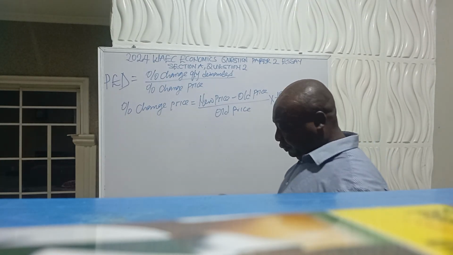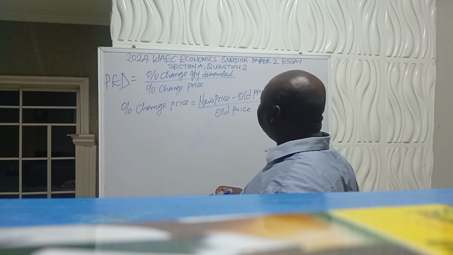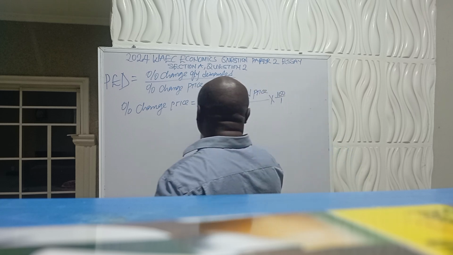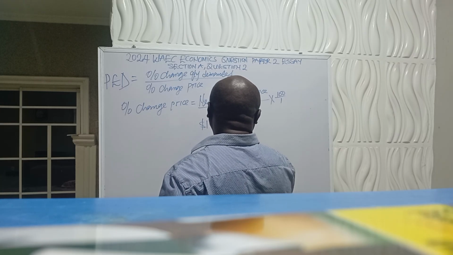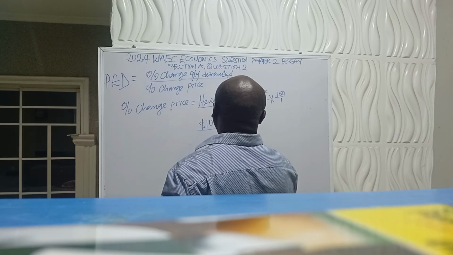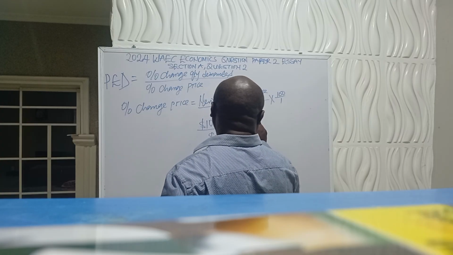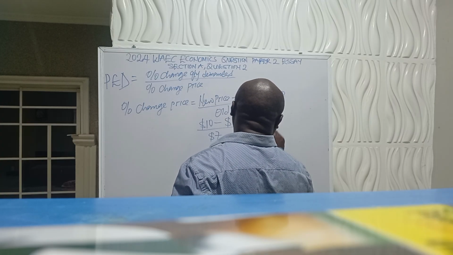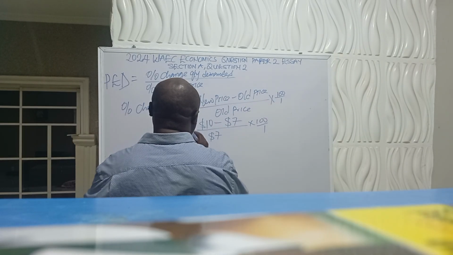According to this question, I hope you have written it down, the new price is what? $10. The old price is $7. So $10 over old price, old price is $7, times 100 over 1. This minus this, what will it give you?